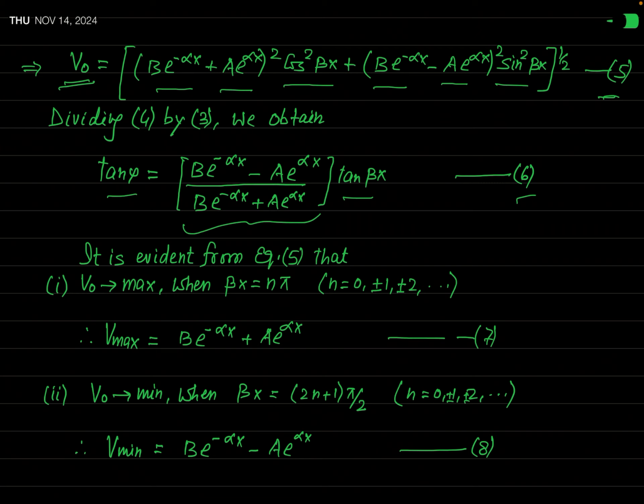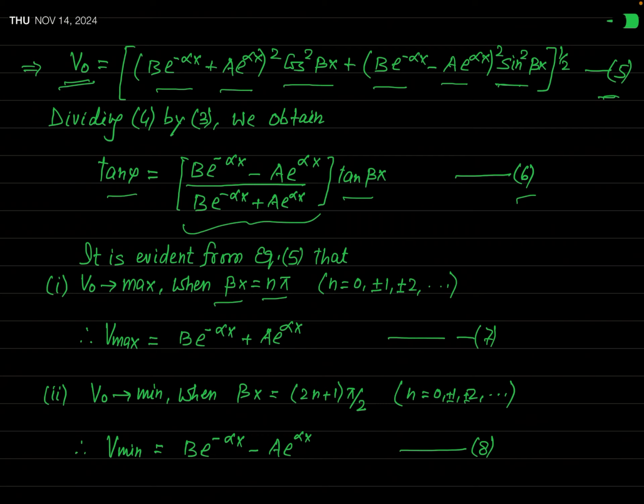When beta x is equal to n pi, then cos square beta x is maximum, but sin square beta x will be 0, where n is equal to 0, plus minus 1, plus minus 2, and so on.